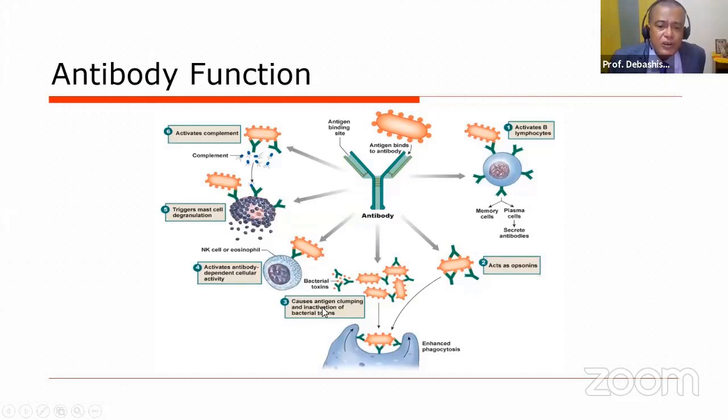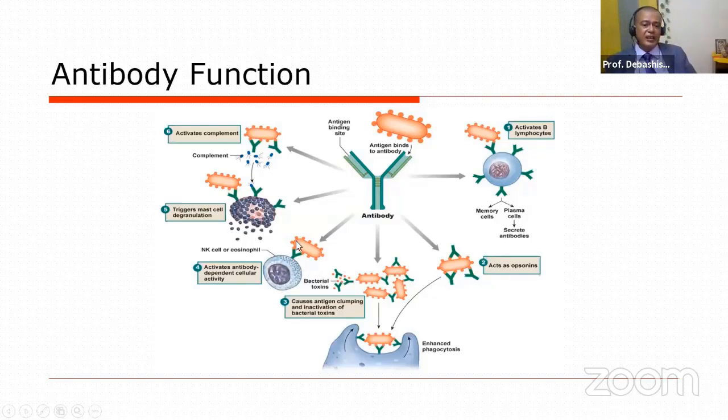They can also cause antigen clumping and inactivation of bacterial toxin like you can see here, and this also helps in the process of enhanced phagocytosis. The antibodies along with NK cells and eosinophils can also activate, as I mentioned, antibody dependent cellular cytotoxicity.